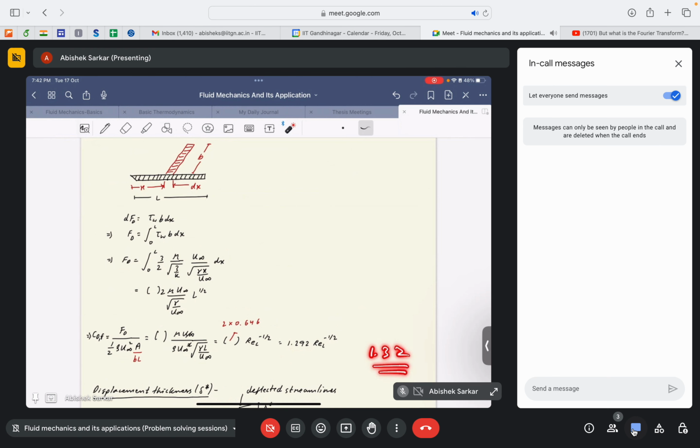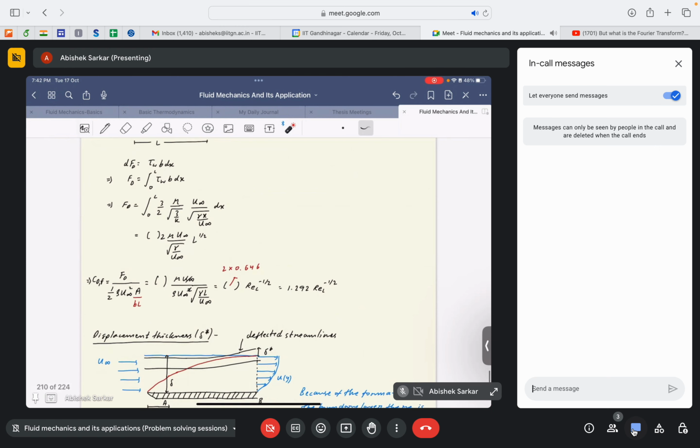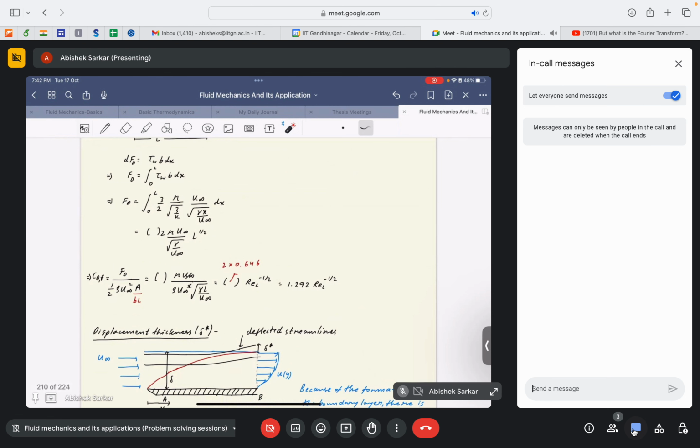If I'm not wrong, you can just cross verify. So this is the beauty or the elegance of the integral methods, and I hope it is quite clear why it is used and how it is implemented, right?